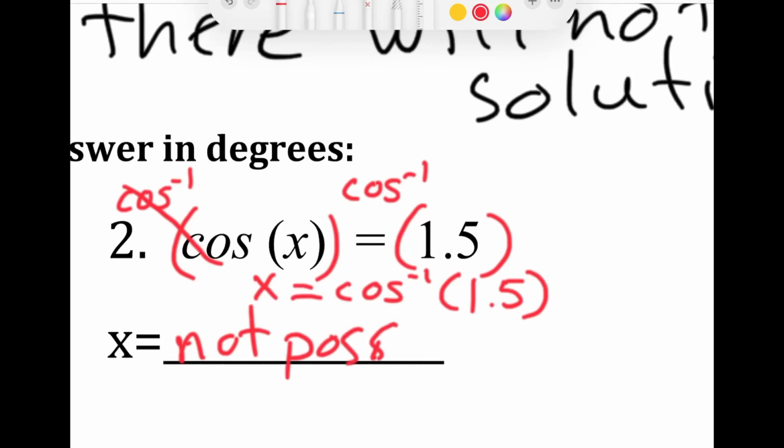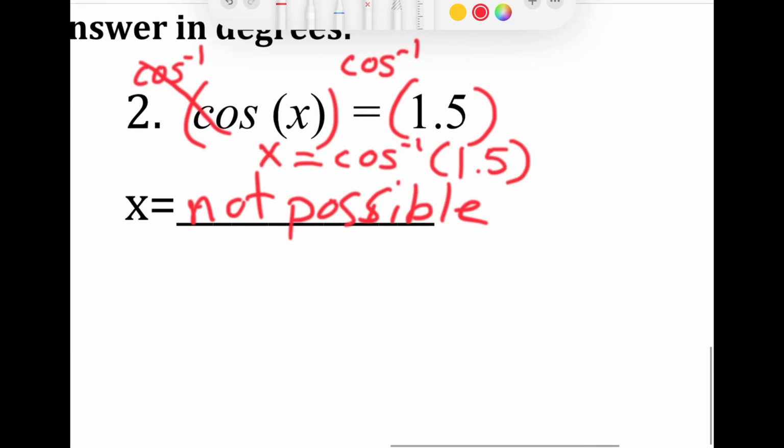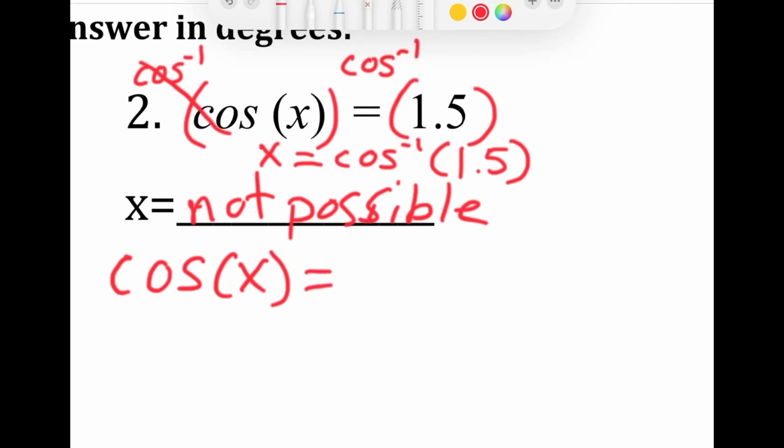Or you can use your knowledge of the trig functions to know that it's not possible using the triangle. So cosine of the angle measurement x, or theta, or whatever variable you want to use to represent your angles, equals adjacent over hypotenuse.